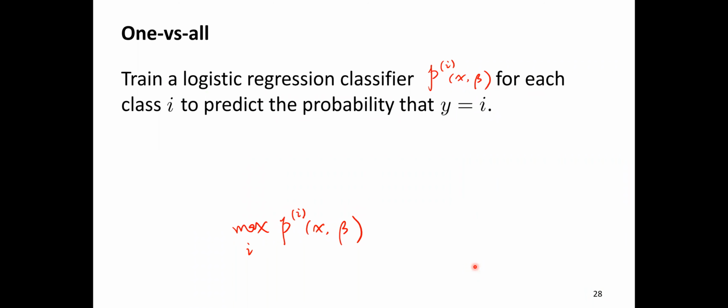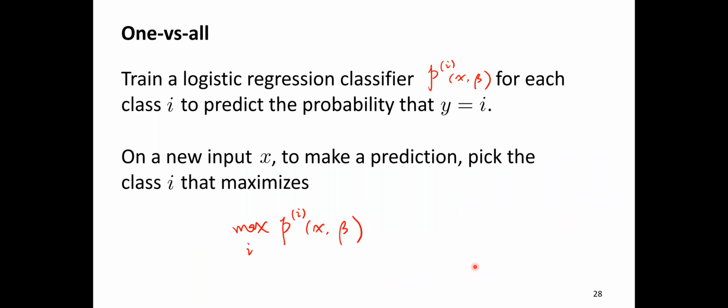Now train a logistic regression classifier for each class to predict the probability that y equals i. On a new input, to make a prediction, pick the class i that maximizes the probability. If you have 3 classes, you will have 3 logistic regression models and 3 outputs: the probability of belonging to each class.